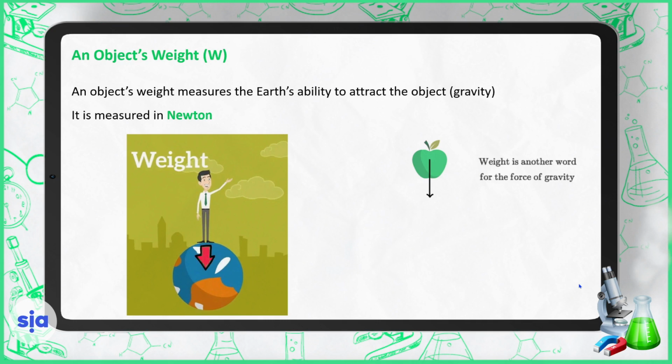We learned before that forces are measured in Newton and weight is a force. Therefore, the unit of measurement of weight is also Newton. This point is the object's effective point, the center of the object's center of gravity.